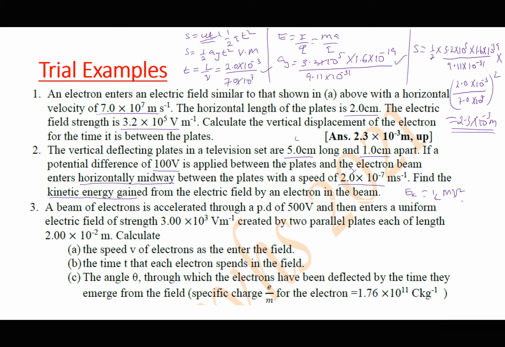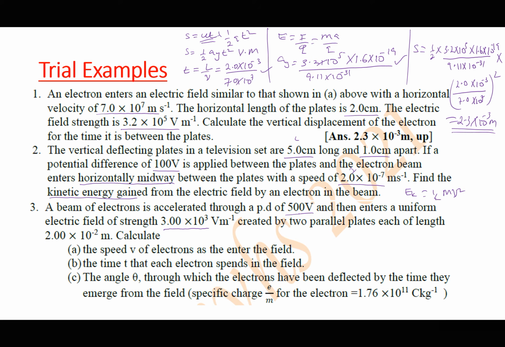Number 3. A beam of electrons accelerated with a PD of 500 V then enters a uniform electric field of strength 3.00 times 10 power 3, created by two parallel plates.